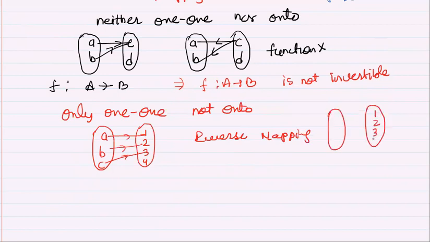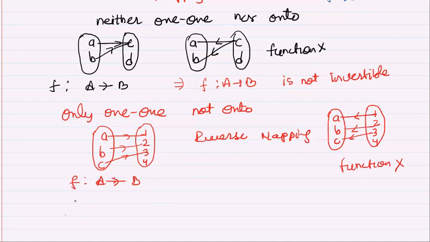This 1, 2, 3, 4, and this a, b, c. So this will be like this. Is this a function? No, this is not a function, and this is a function from A to B. Okay, so if the function is only one-one, not onto, the reverse of mapping will not create a function.